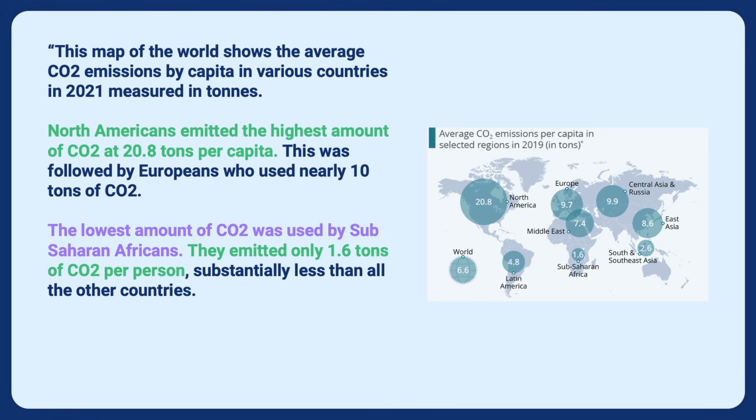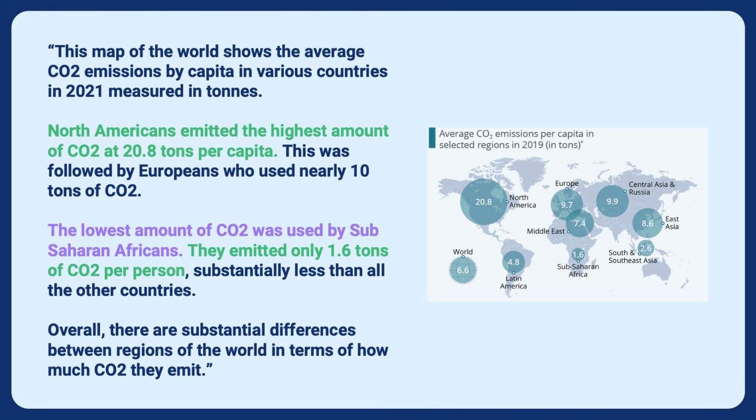They emitted only 1.6 tons of CO2 per person, substantially less than all the other countries. Overall, there are substantial differences between regions of the world in terms of how much CO2 they emit. Hopefully you heard my use of both active and passive sentences and how I kept my description very simple.